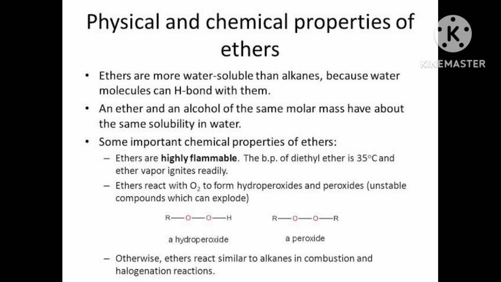Alcohol, R-OH, and the other product is R-X. The order of reactivity of hydrogen halides: that question is asked. It is as follows: HI is greater than HBr, and HBr is greater than HCl.